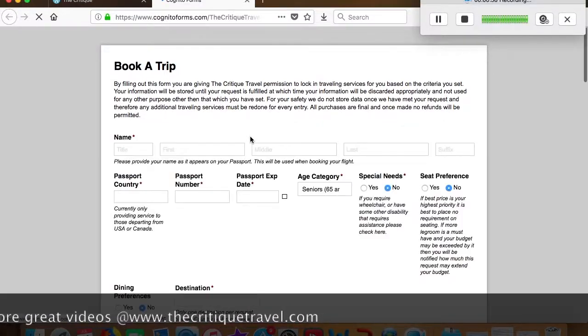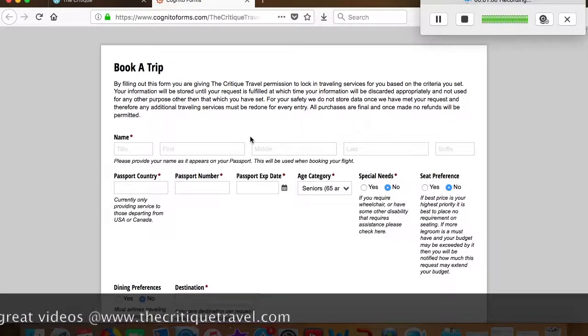I highly recommend reading the information that I provide, because when you book a trip through me, unlike doing it through a travel agent perhaps, or a third-party provider such as Expedia, I basically allow you to let me know what you're looking for, and then I go on the hunt for you.